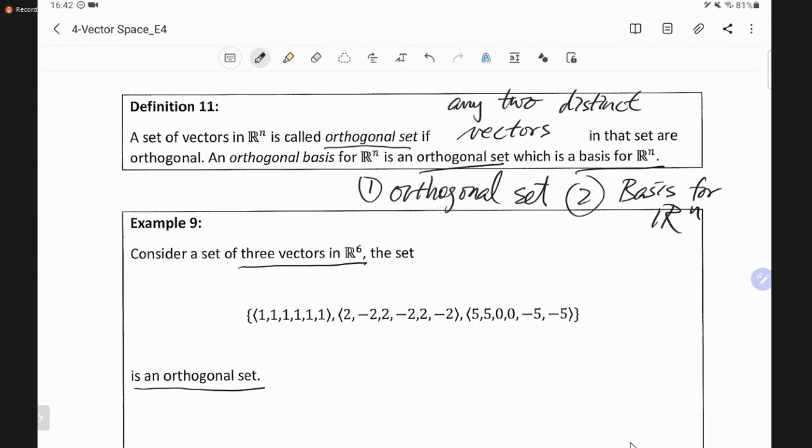The definition tells us that if any two distinct vectors in that set are orthogonal to each other, we can simply claim the set to be an orthogonal set. In other words, we are going to check quite a number of dot products, right? We check the dot product of any two distinct vectors in that set, and if they can be verified to be orthogonal, we can claim the set to be an orthogonal set.